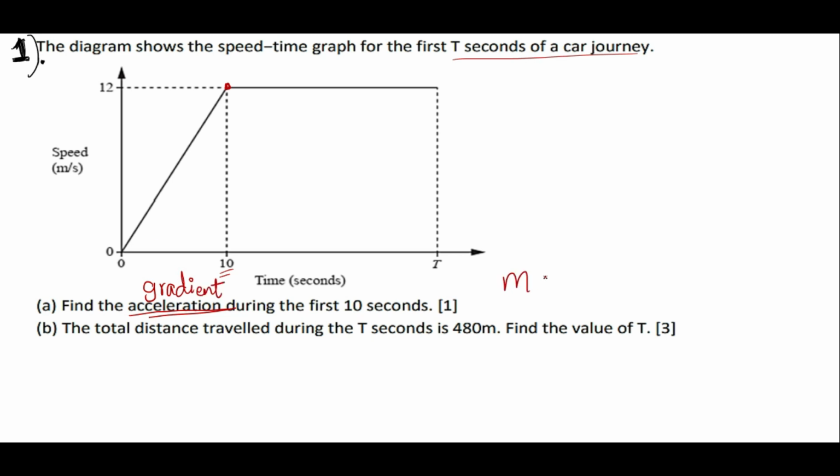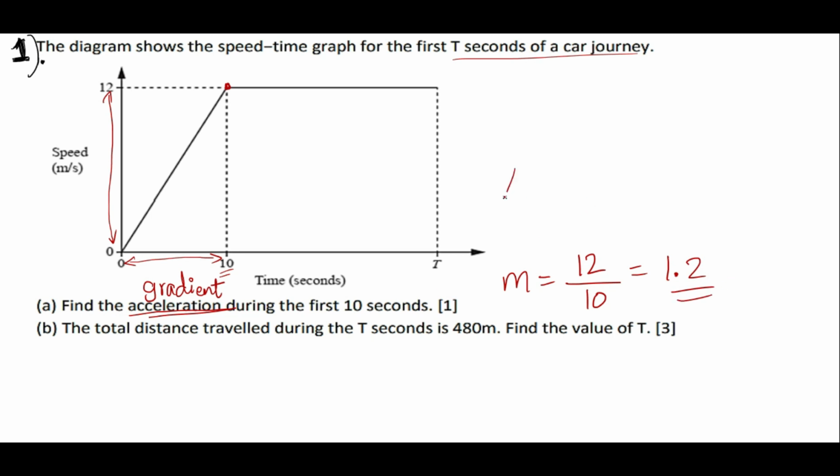So here m is just the change in y over the change in x. The change in y here is from 0 to 12, so it's a 12, over the change in x, which is 0 to 10, it's a 10. So the gradient is 1.2.